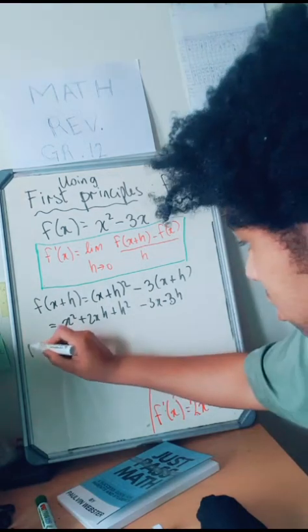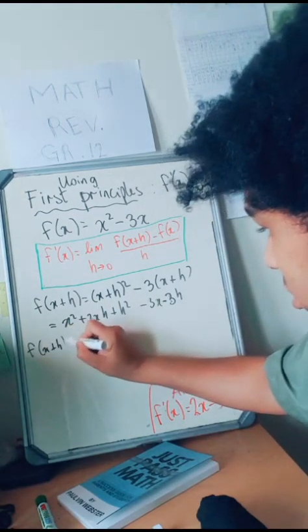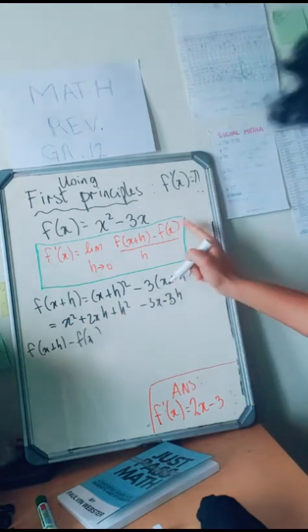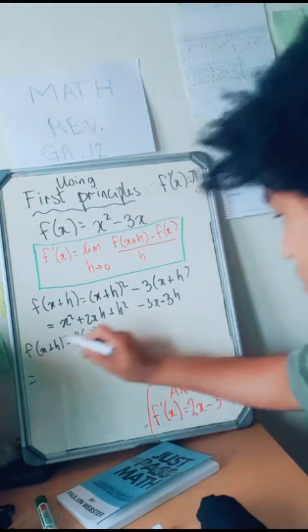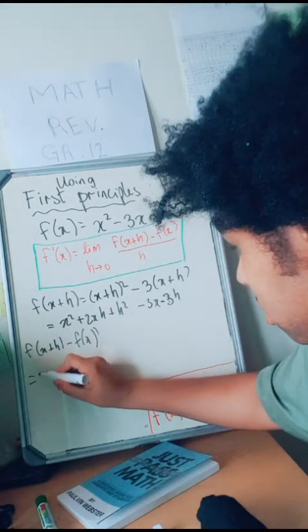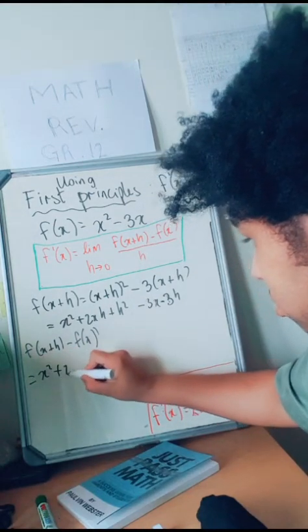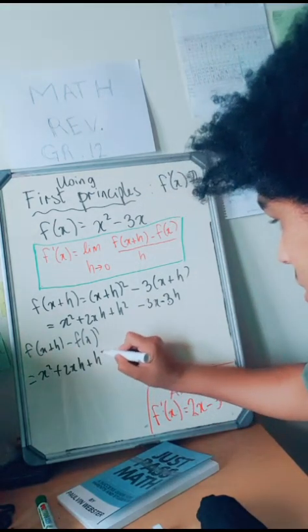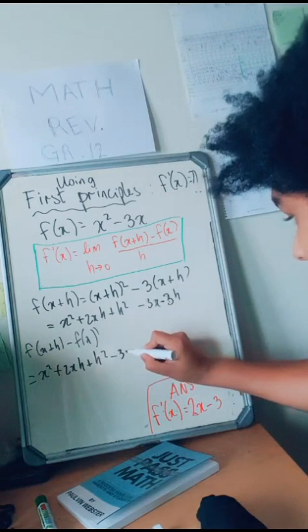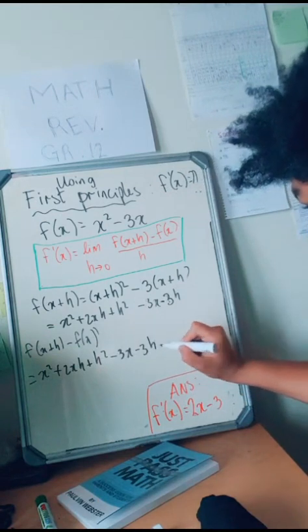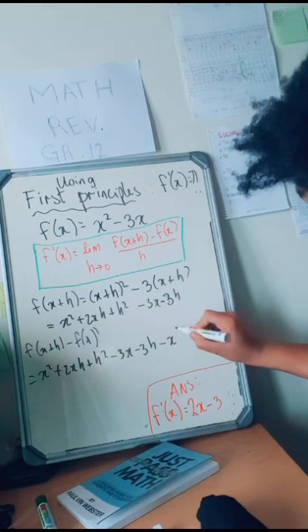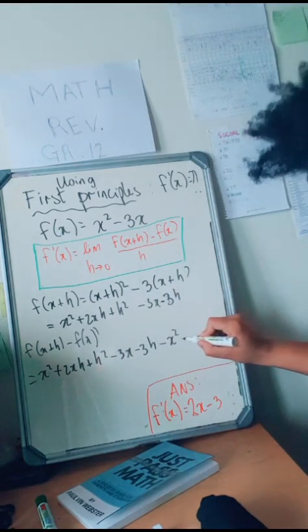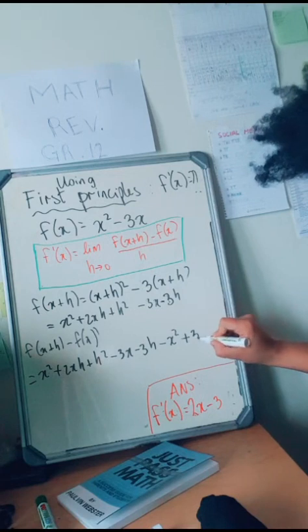Then f of x plus h minus f of x, which is this here on top, is going to give us all of this: x squared plus 2xh plus h squared minus 3x minus 3h minus this one, which is minus x squared plus 3x.